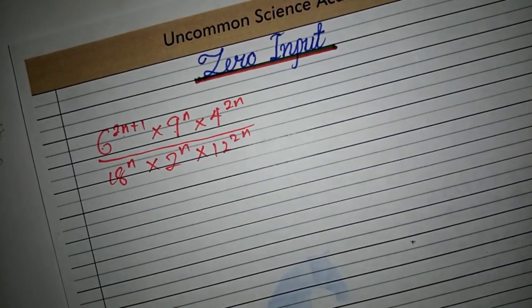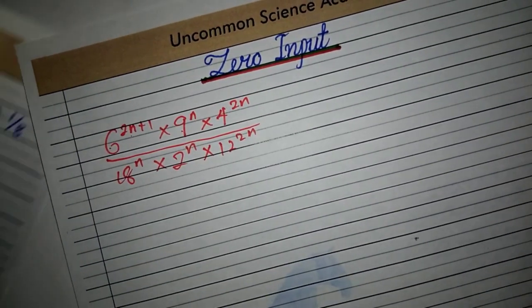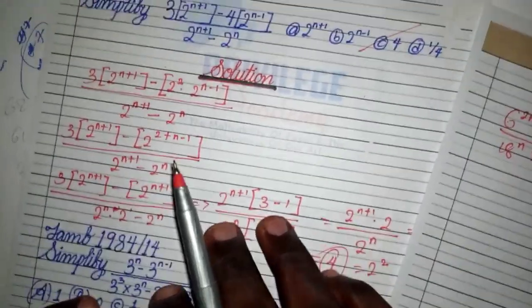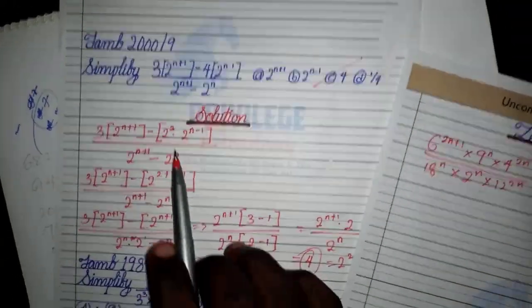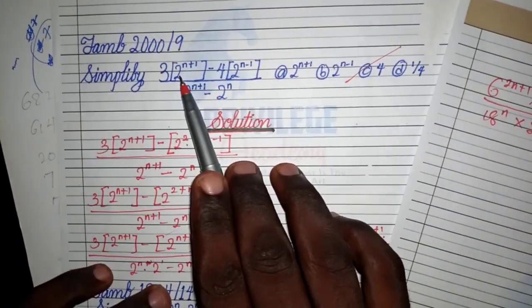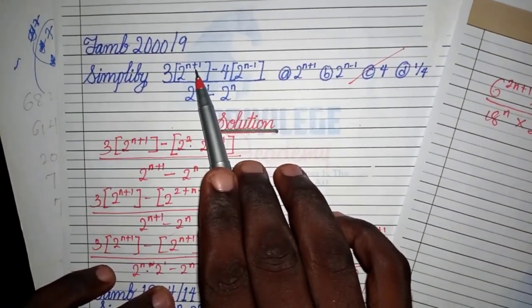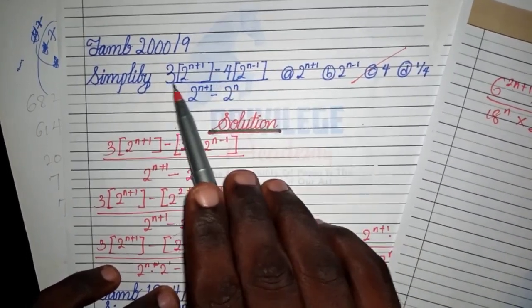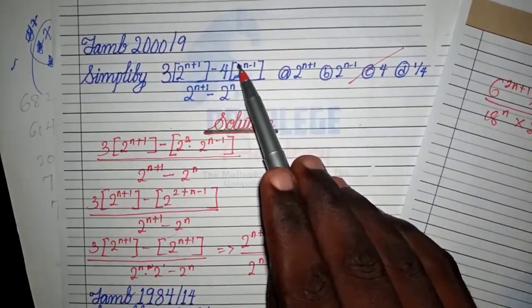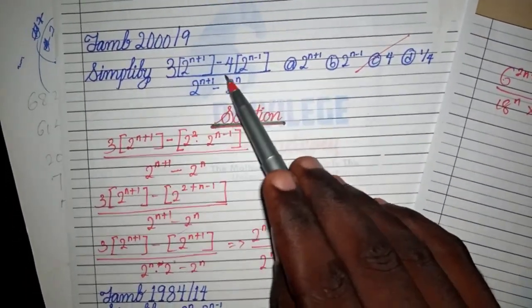Like for instance, our last question today, where we have this particular question, 3 into bracket 2n plus 1, not all elements in this case have n. Sorry, we can apply it to this.